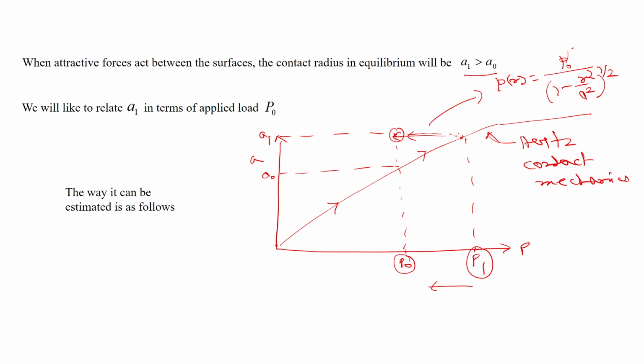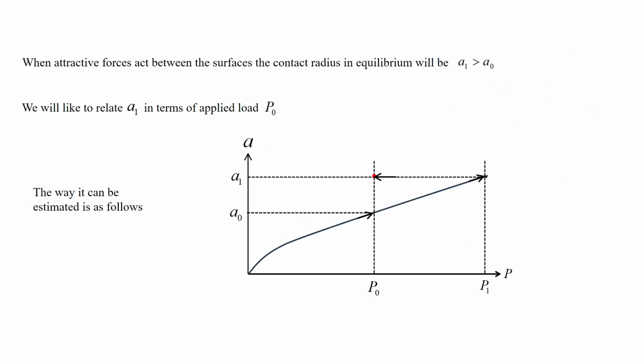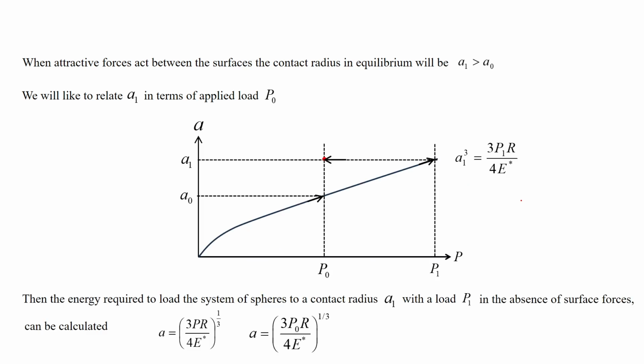So now, what is the energy that is spent in taking this contact from 0 to A1 by this? So, to take the pressure from 0 to P1, that we will see. Remember that A1 is given by this quantity, cube root of 3 P1 R by 4 E star, right. Now, what is the energy that is required to increase the pressure from 0 to P1?